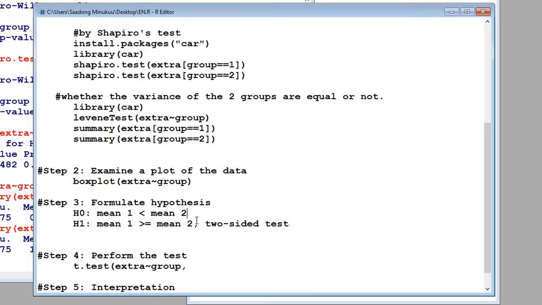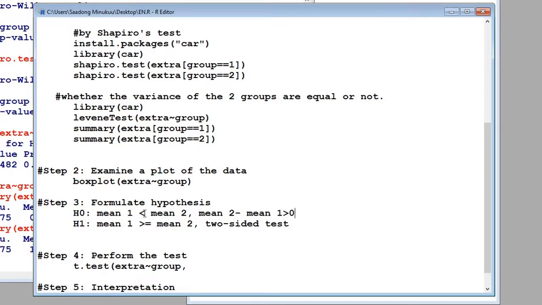So if mean 1 is less than mean 2, then what that means is that mean 2 minus mean 1 will be greater than 0. That's what we are saying.